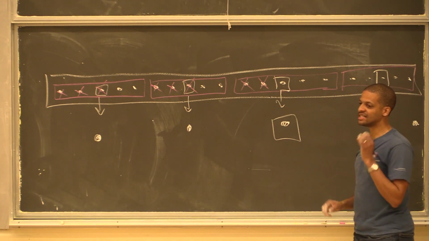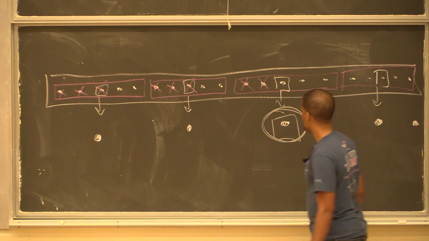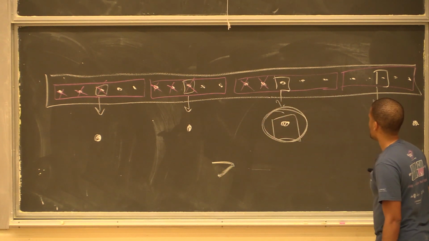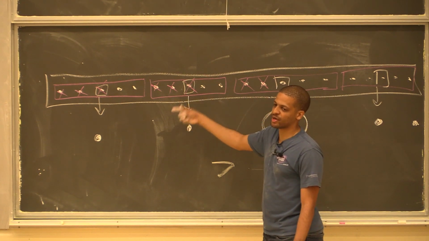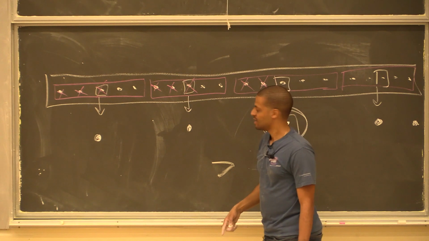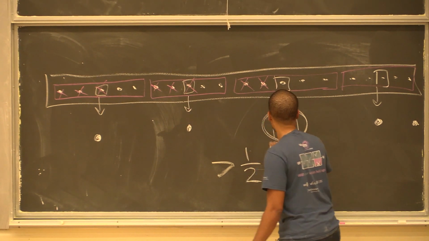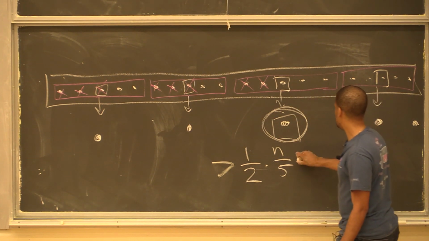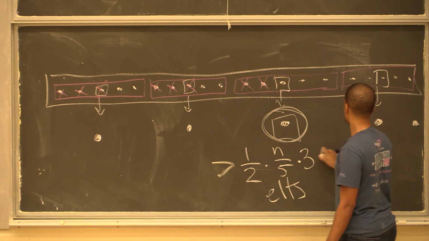So I am guaranteed that this person here is bigger than how many people? Well, in half the groups, he's bigger than 3 people. How many groups are there? There are n over 5 groups, so in half of them he's bigger than 3 people. But this is just 3n over 10.